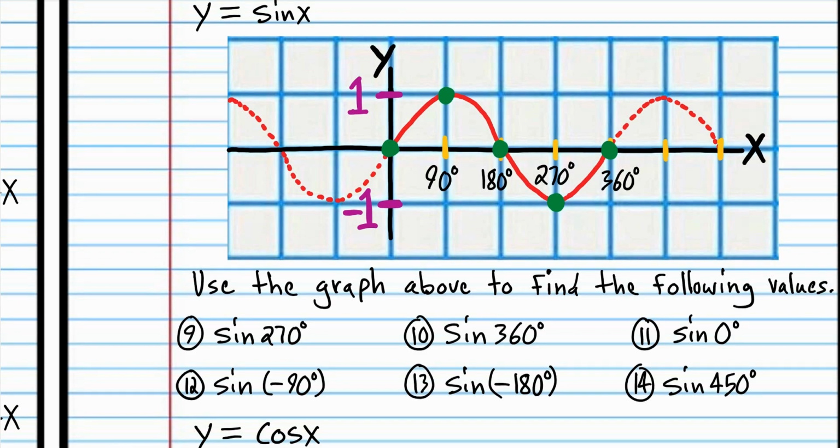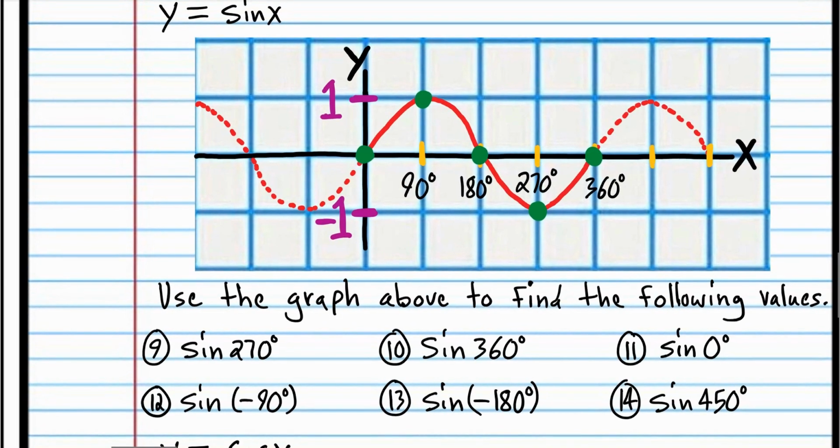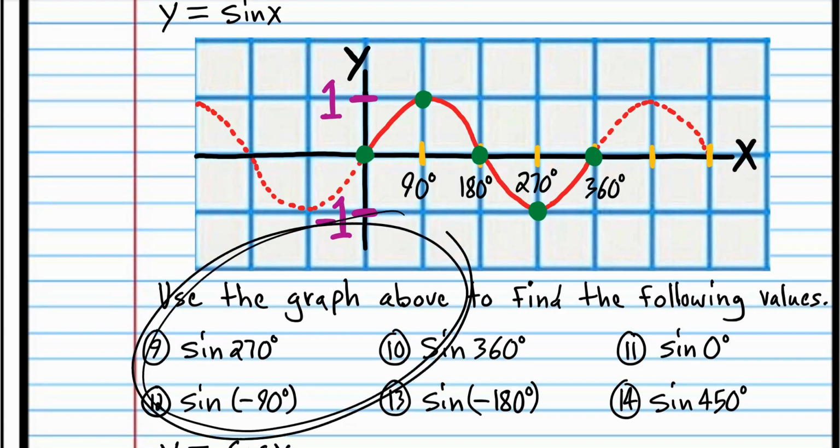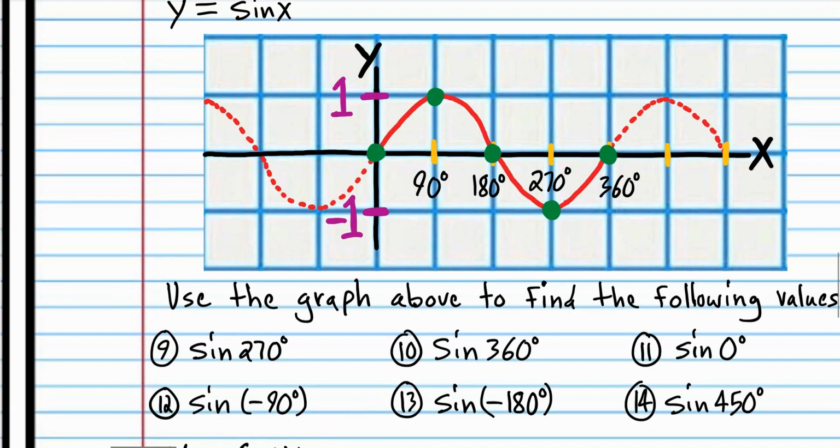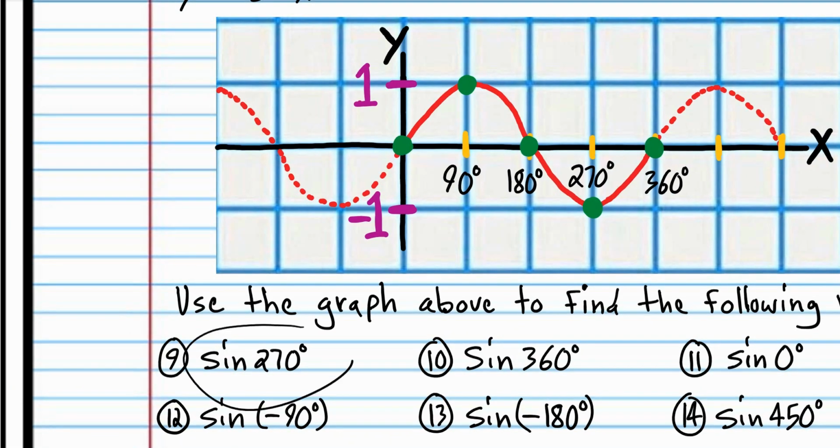So regardless of whether or not you understood what we were talking about, you still need to be able to do these problems. So let's try number 9. The sine of a 270-degree angle, that's a multiple of 90. 3 times 90 is 270.